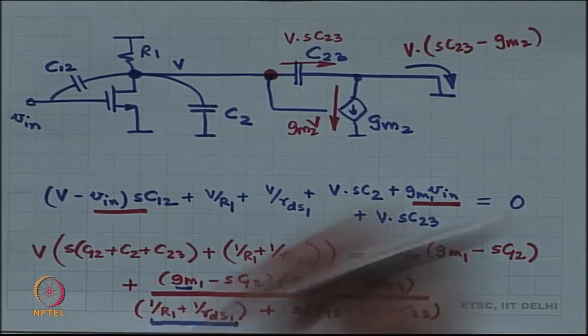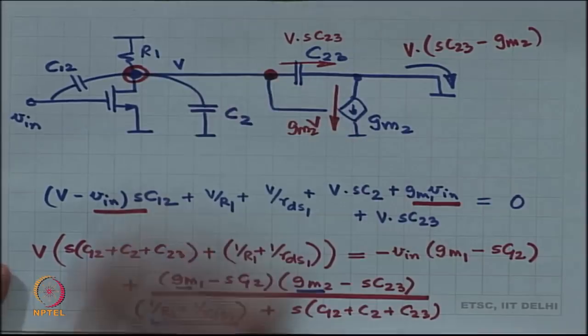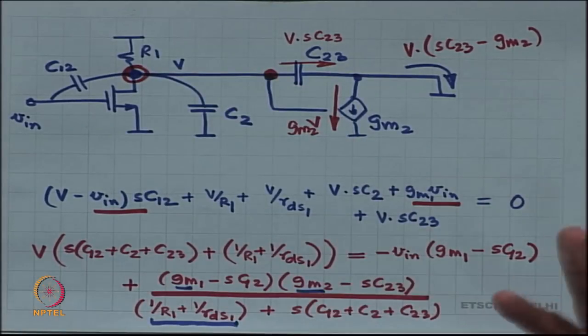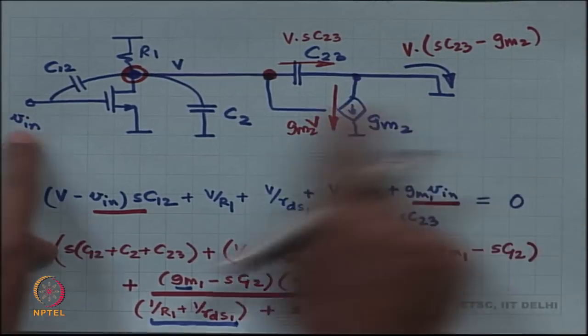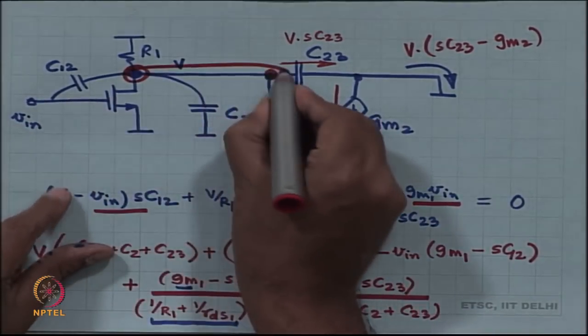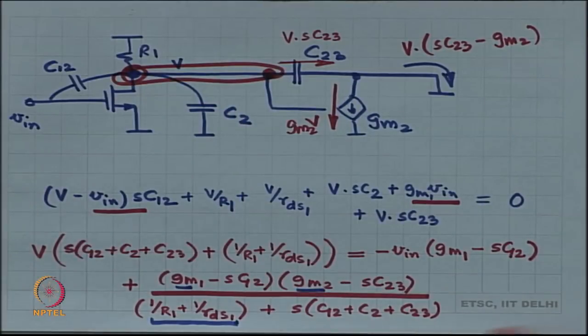So, if you look at this particular node, there is only one node in this circuit, only one unknown node is there, all other nodes are known. There is V in, this node is 0 volts, there is only one node which is where the voltage is not known. Okay.